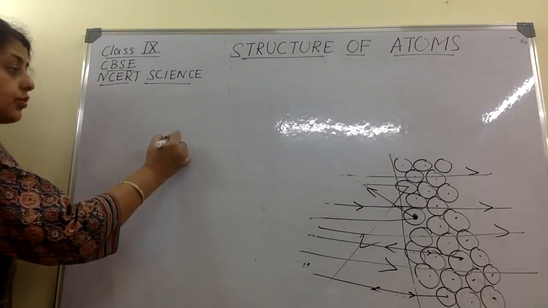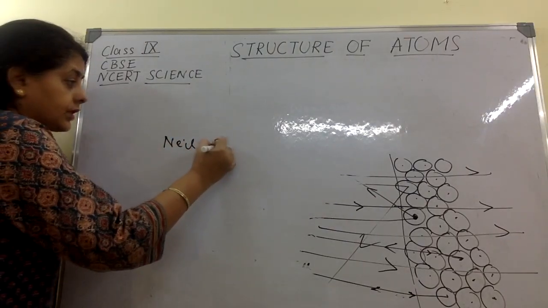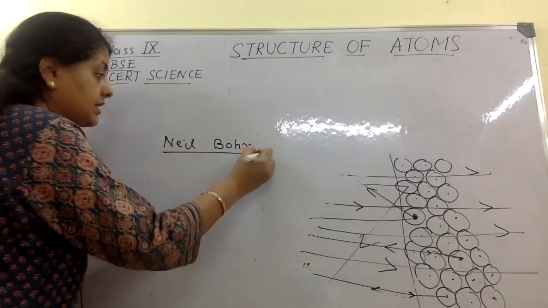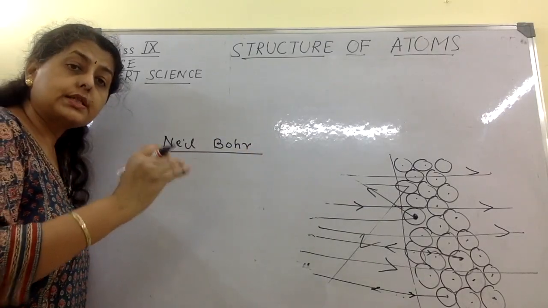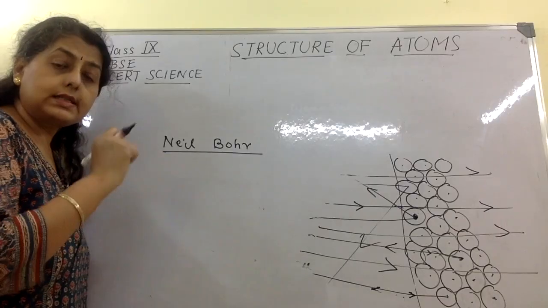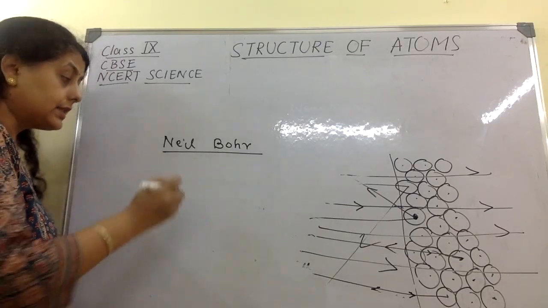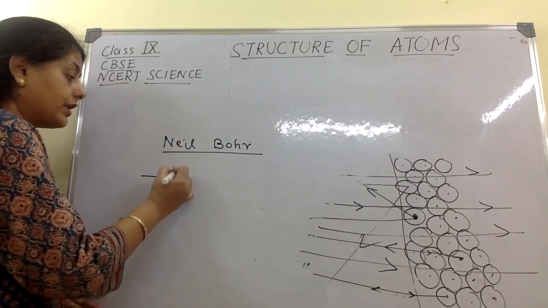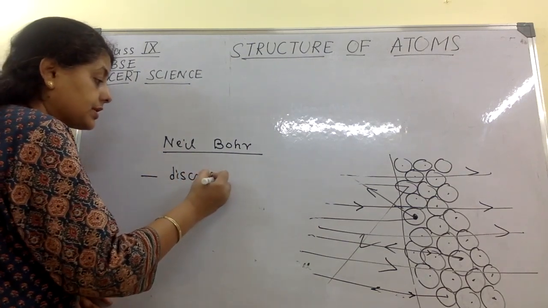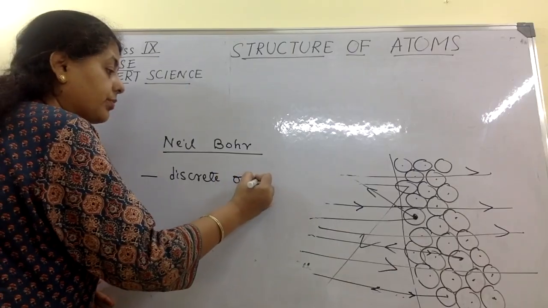Niels Bohr, another scientist at that time, said that what Rutherford said is correct. He said the electrons are moving in discrete orbits, meaning fixed orbits.